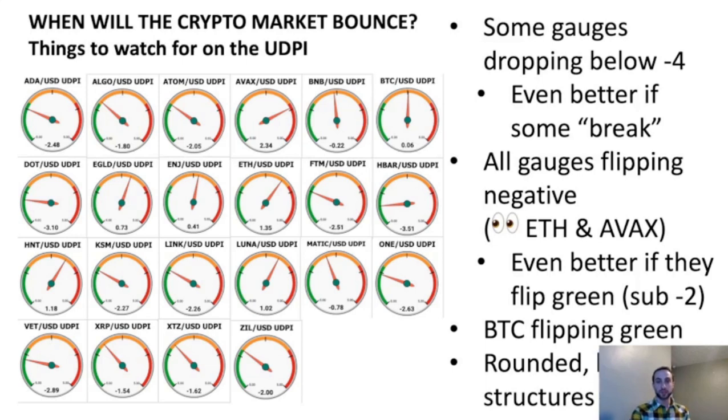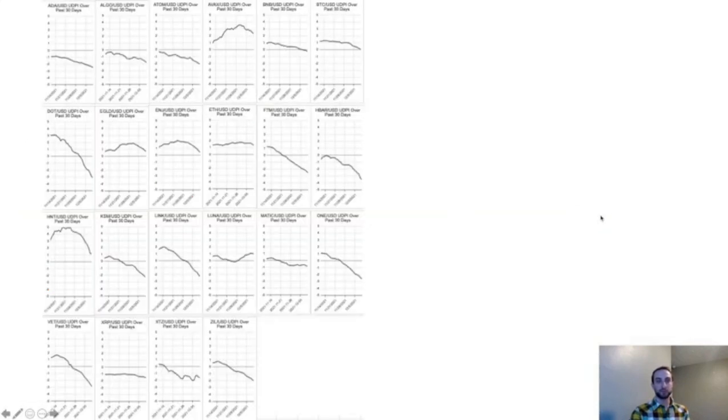If that reaches 22, the whole set of them being negative, that would be a pretty important benchmark. Also, Bitcoin is still above the midpoint. We're going to want to watch that. And currently, as we just looked at, there are no signs of this bottoming type of formation on the UDPI chart. So that's what I wanted to share with you guys today.